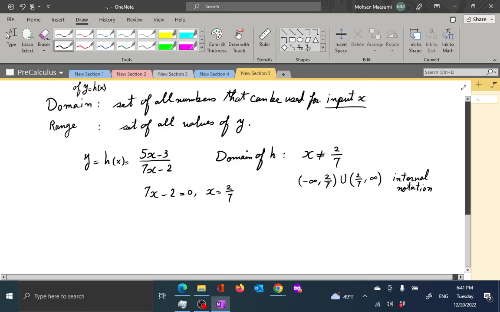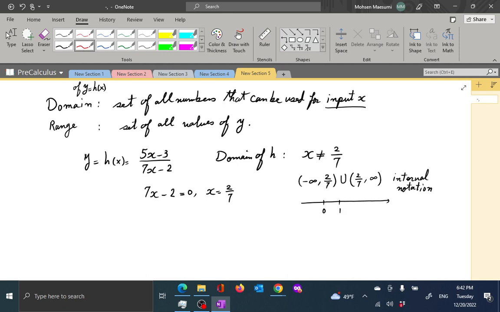And a third way that we can describe our domain is to draw a line and say, okay, this is the origin, this is say 0.1. Guess where 2/7 is. Well, 2/7 is about 0.28, somewhere here.